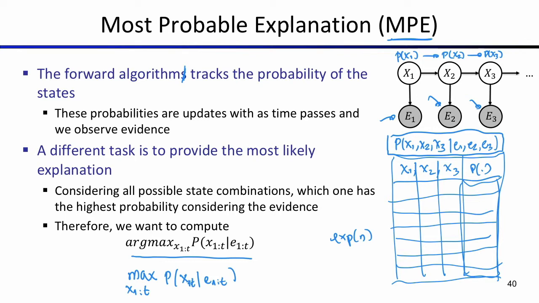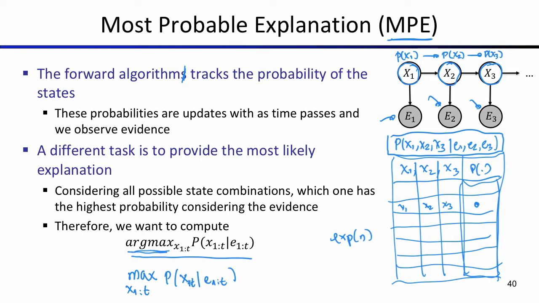So let's suppose that is this guy here. And the second thing that we are interested in is actually what is the assignment that gives this maximum probability. That's going to be the values for x1, x2, x3. So when I know which values I should put here, I will have the highest probability possible considering all possible assignments. So yeah, that is the problem.